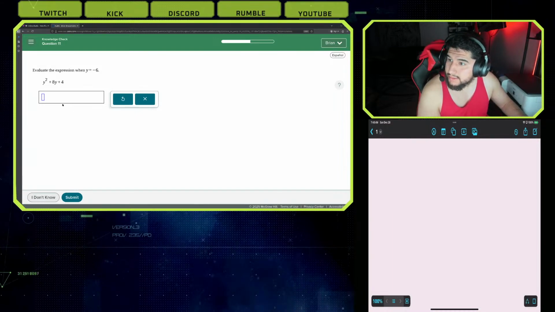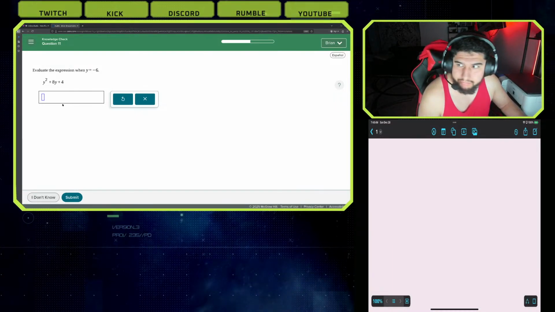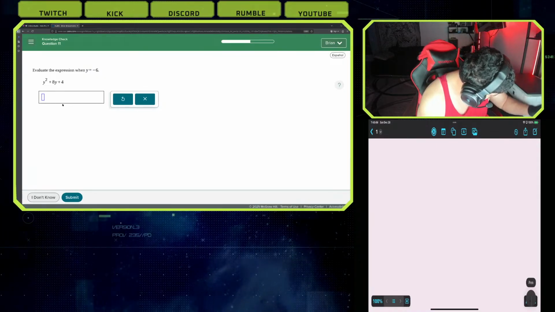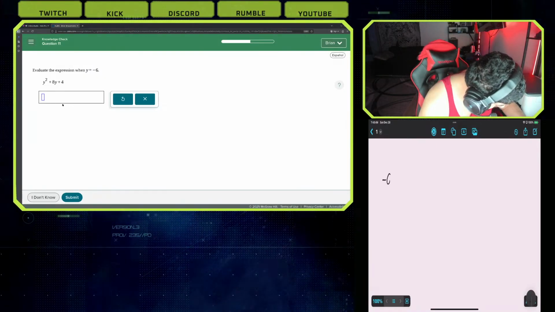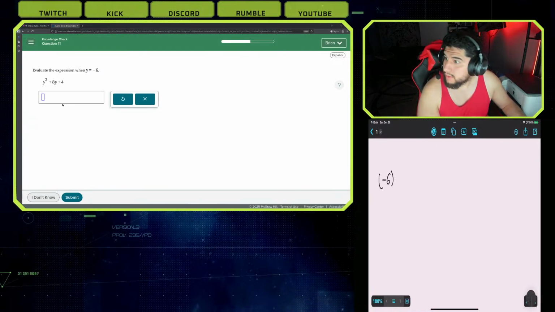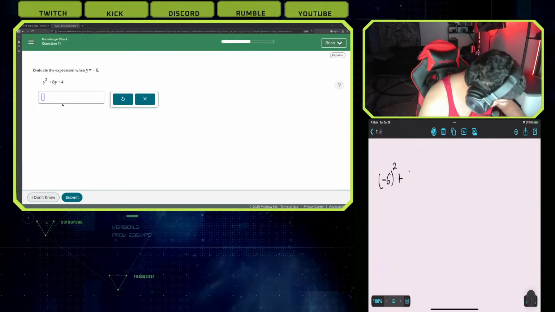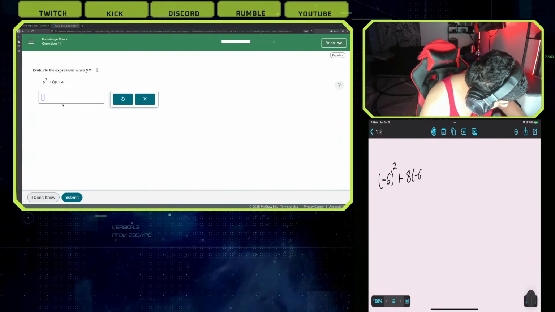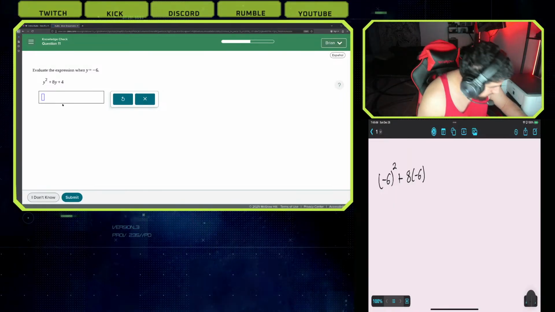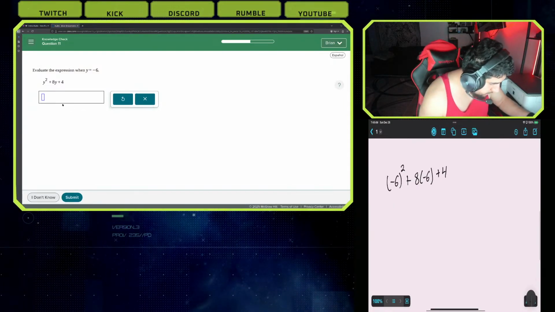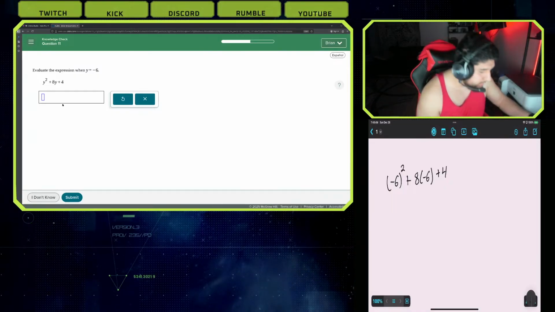So y is negative 6. So negative 6, squared, plus 8 times negative 6, plus 4. Once we plug it in, the negative and the negative is a positive.